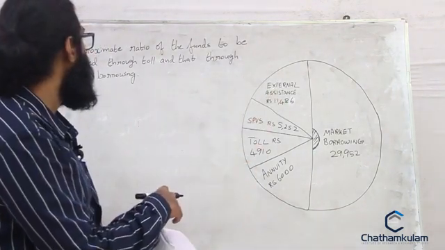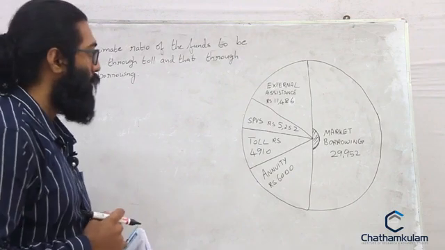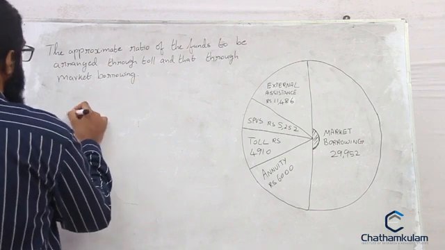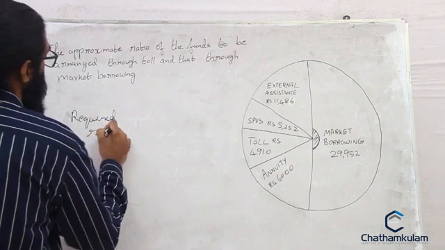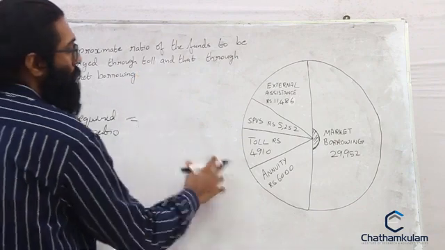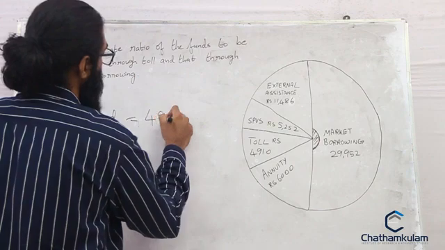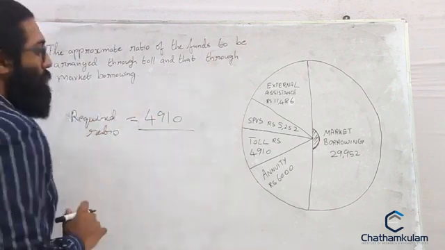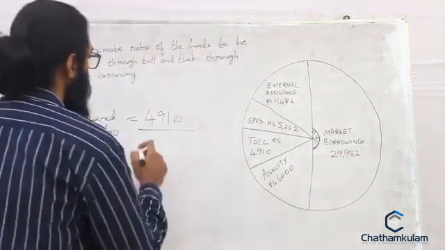The approximate ratio of the funds to be transferred through the toll and that through the market borrowing. So we can write this as required ratio equals, first one, that is arranged through toll, it is 4,910, right? 4,910 whole divided by, and that through the market borrowing, market borrowing is 29,952.